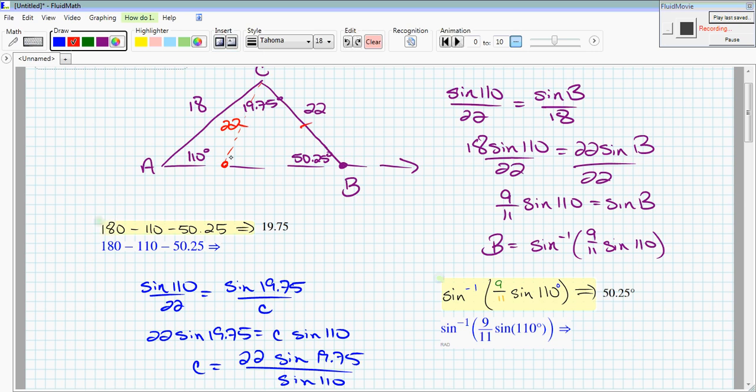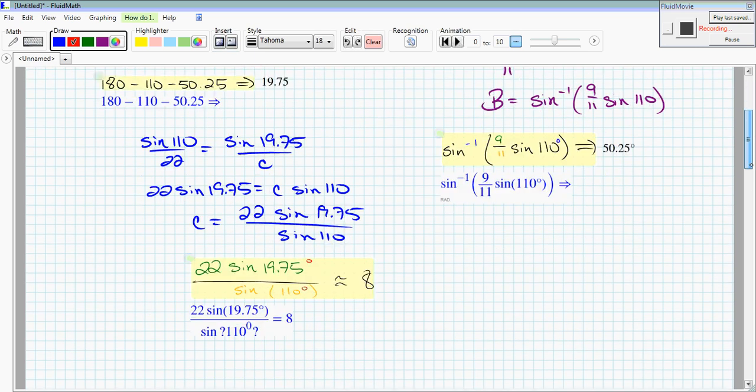Leg, leg, base. Base angles in an isosceles triangle have to be congruent. So this would have to be 50.25. And then if we take 180 minus 50.25, or 180 minus 50, what we're going to get is this has to be 130 degrees. In this triangle, there's no way, if we already have a 110 degree angle, that this can be 130, so there's only one possible solution here.